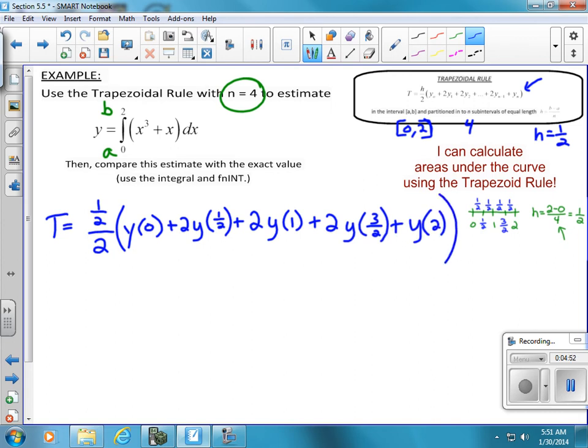Big parentheses. Okay, so 1/2 over 2 is multiplied times this entire thing. This is using our equation for the trapezoidal rule.